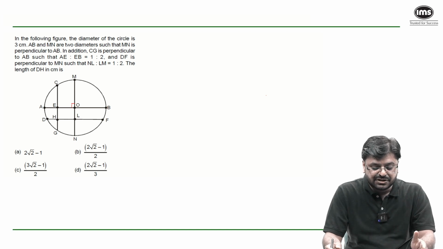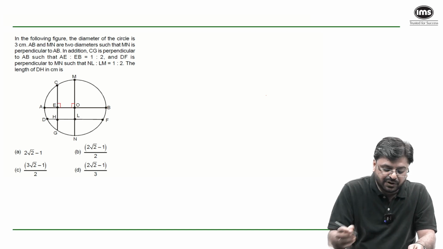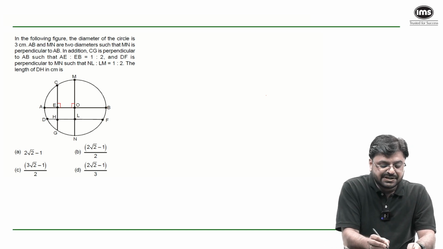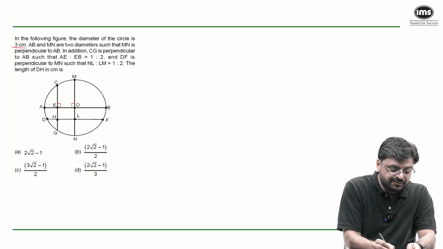In addition, CG is perpendicular to AB such that AE is to EB is 1:2. Since the diameter is given to us as 3 cm, which means AE is 1 and EB is 2.